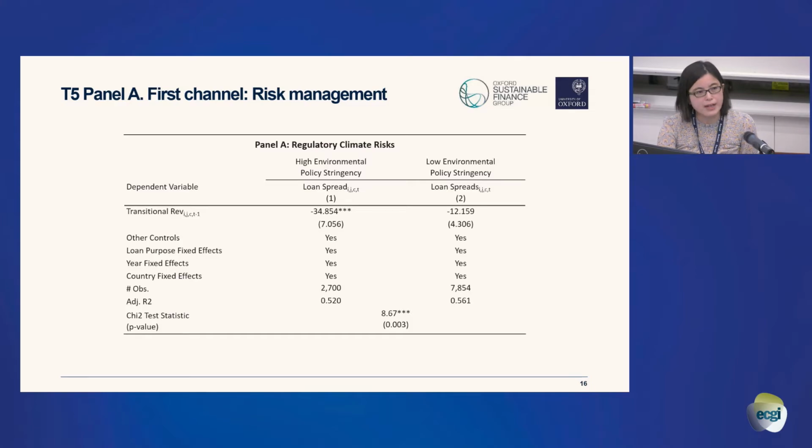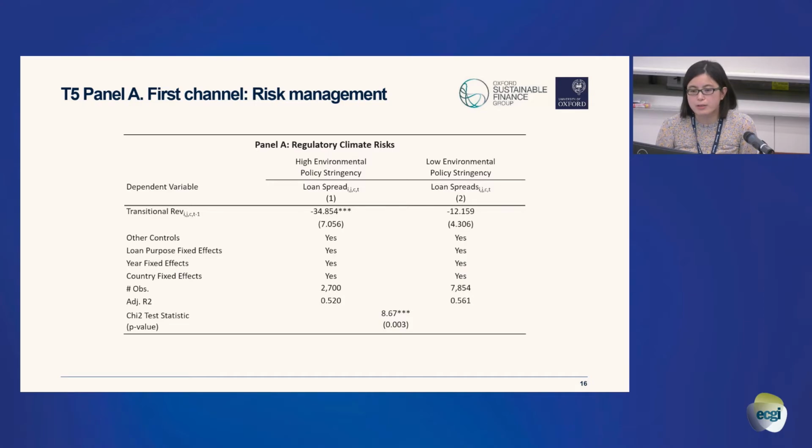We then investigate the channels or mechanisms behind this transitional revenue effect on the loan spread. First, in order to explain whether environmental policy is the driver behind the relationship between transitional revenue and loan spread, we split our countries based on environmental policy stringency using the OECD policy stringency index.